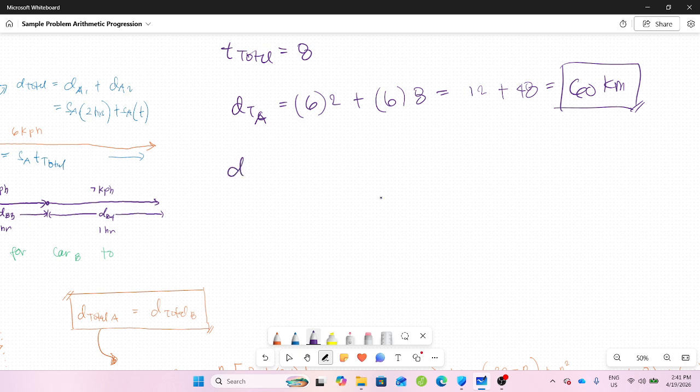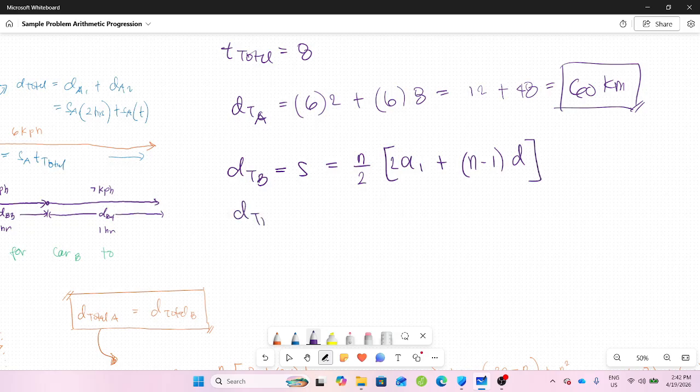Now for car B, we could use the idea of the arithmetic progression. To get the sum of 8 terms, we could use n over 2 times the first term plus the last term, or I would just directly use the second formula. So this should be n over 2 times 2a1 plus n minus 1 times the common difference, which is simply 1.